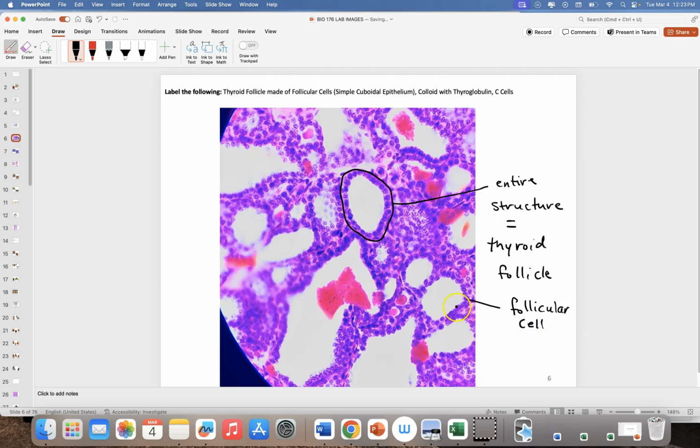And again, all of these follicular cells in this ring would make up that thyroid follicle. The follicular cell, again, is going to be that simple cuboidal epithelium.